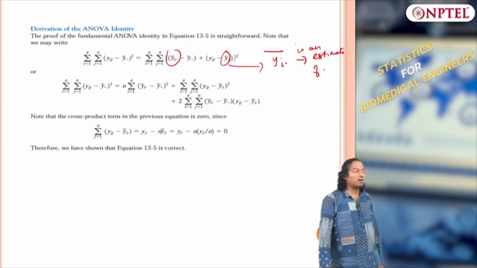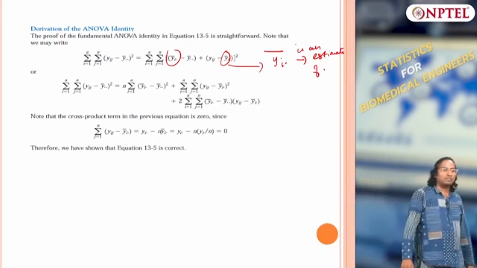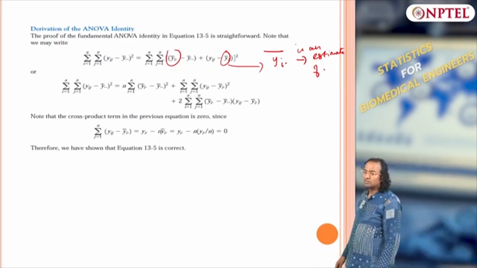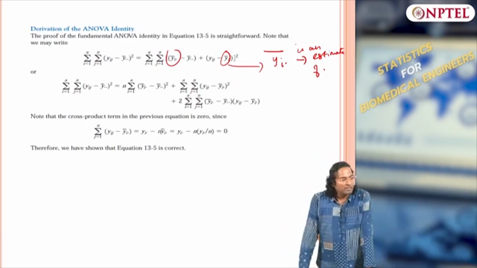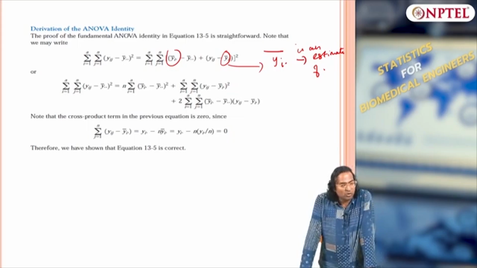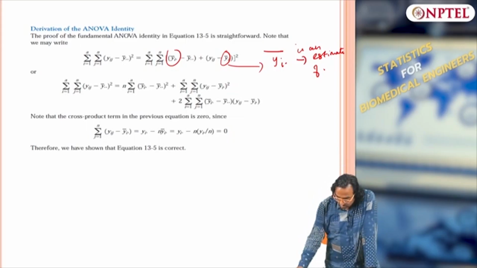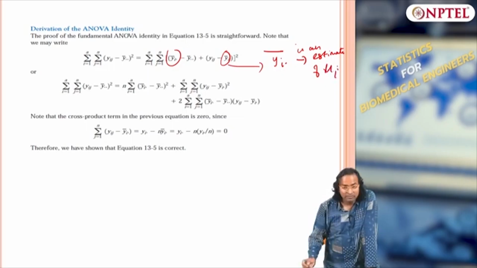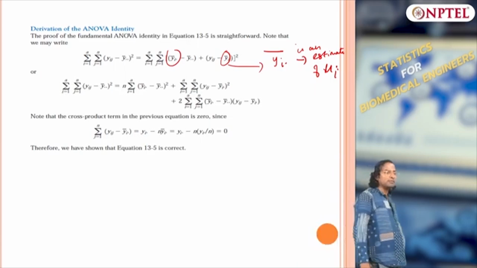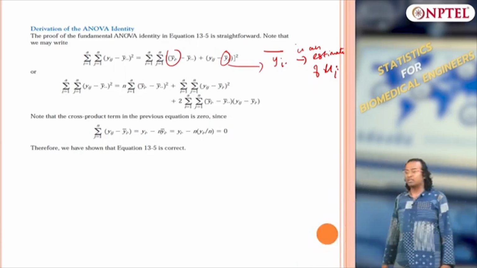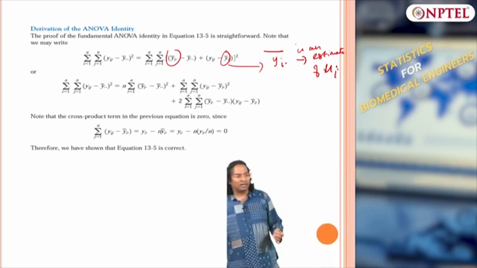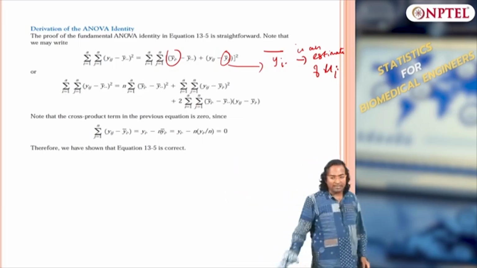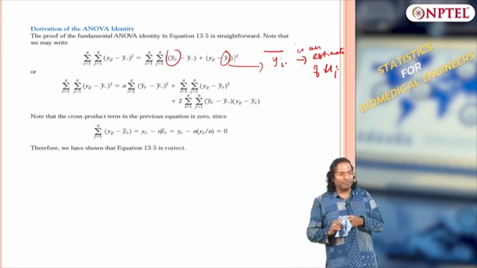This is the mean summed along the j axis, the mean for each treatment. So this is an estimate of mu I, right, because I am summing along the jth axis. So yi dot bar is nothing but an estimate of the mean of the ith treatment, estimated from the sample data.